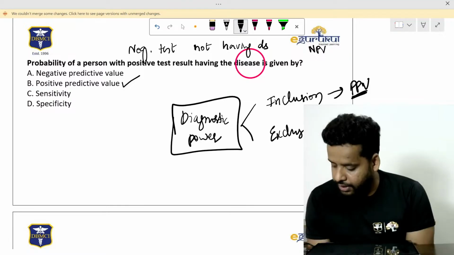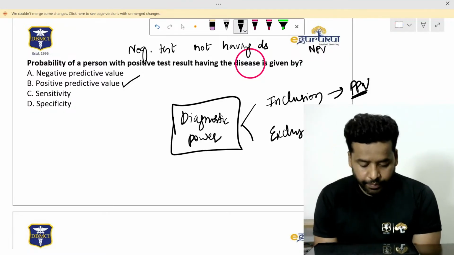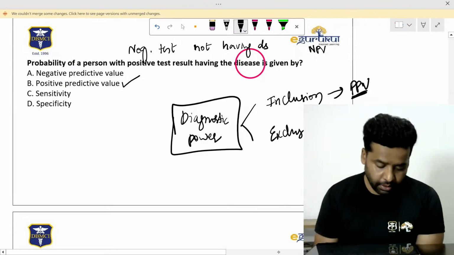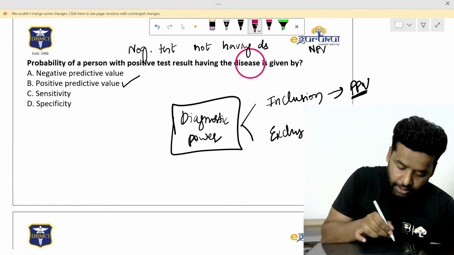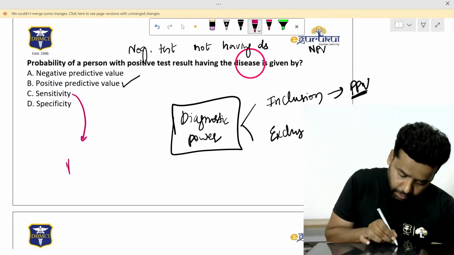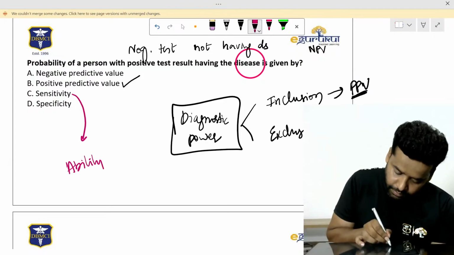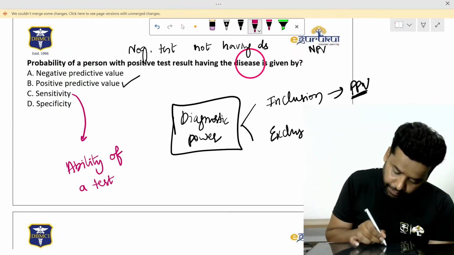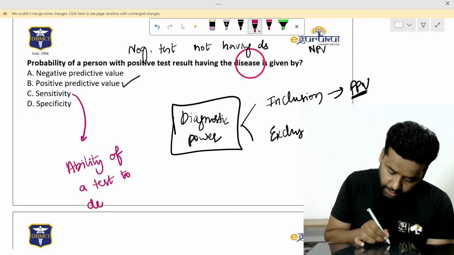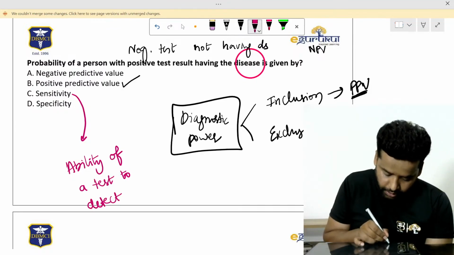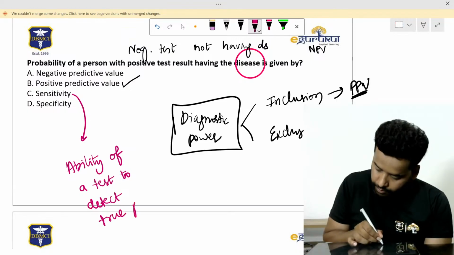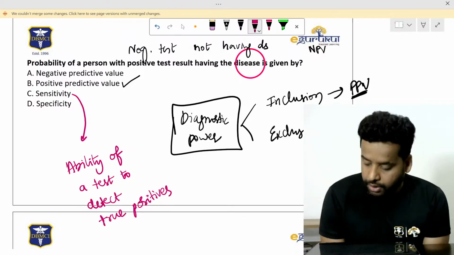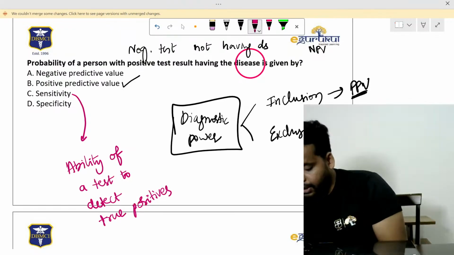If I ask a question like this: there is one screening test. Listen. Ability of a test to detect true positives. Then what is your answer? Sensitivity. Okay, good. Then it is sensitivity.